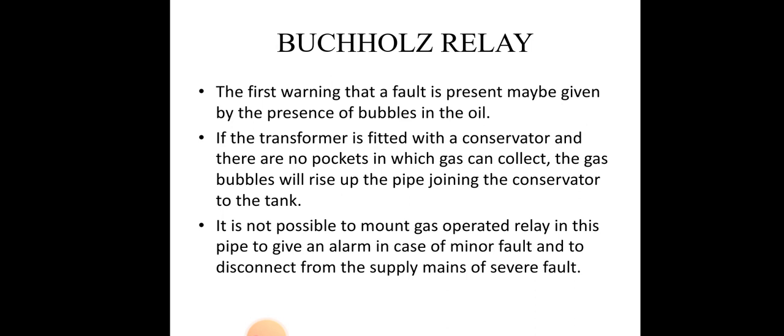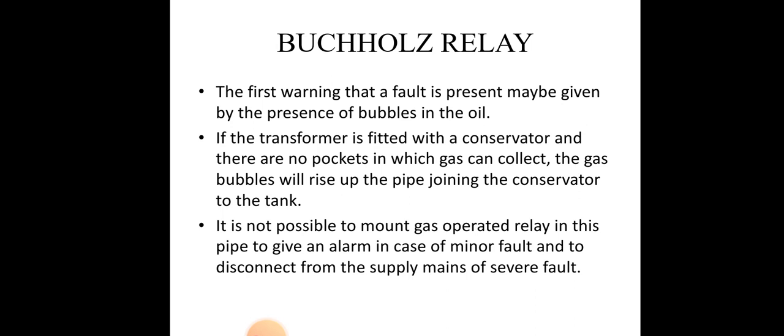So the purpose of the relay is that in any fault condition, the relay will give a warning. The first warning that a fault is present may be given by the presence of bubbles in the oil.